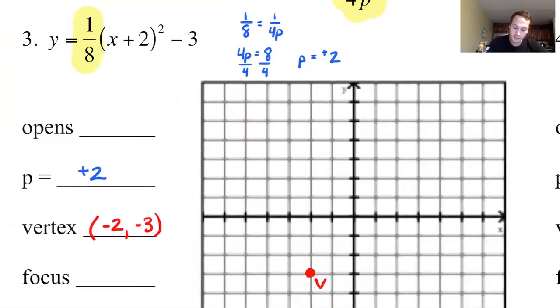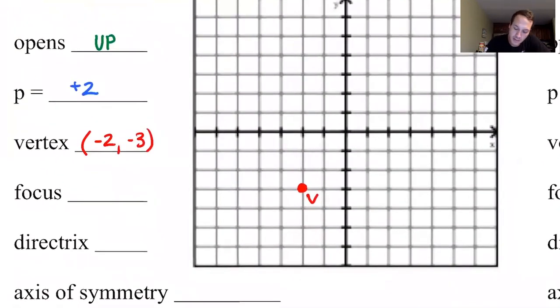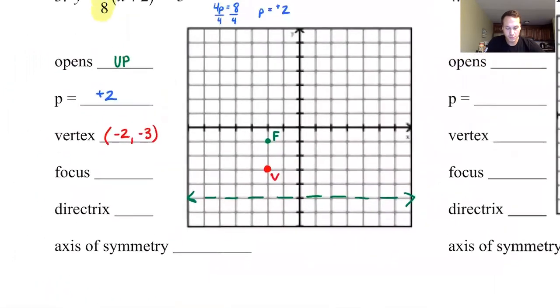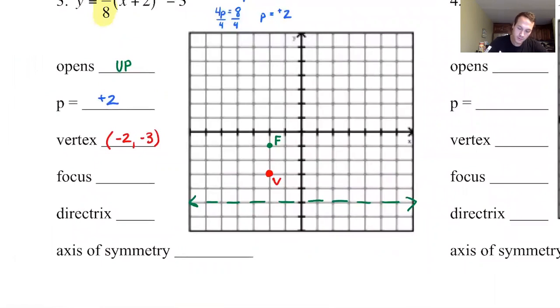Well, if p is positive 2, that means that I open up. If I open up, that means that my focus has to be 2 units above. That means my directrix has to be 2 units below. 1, 2. From there, I can find out what these are.